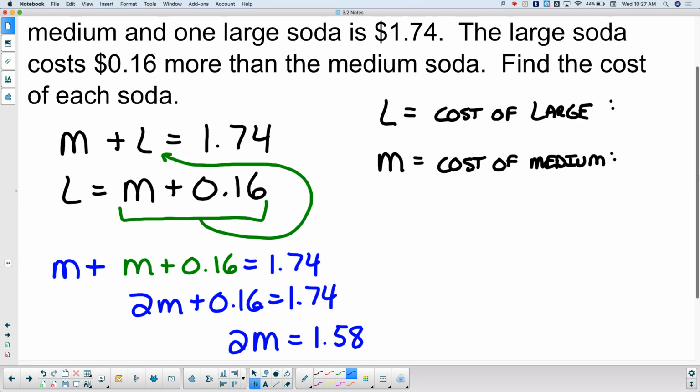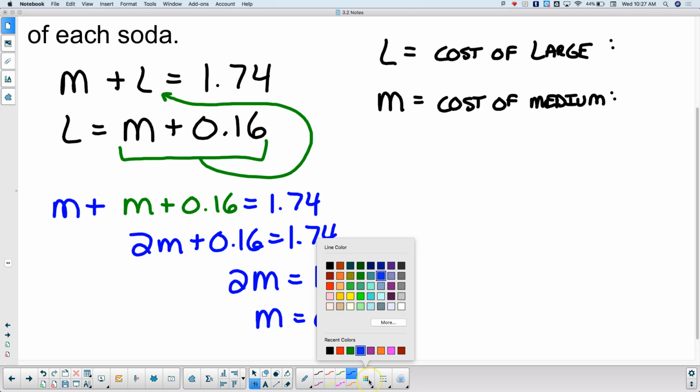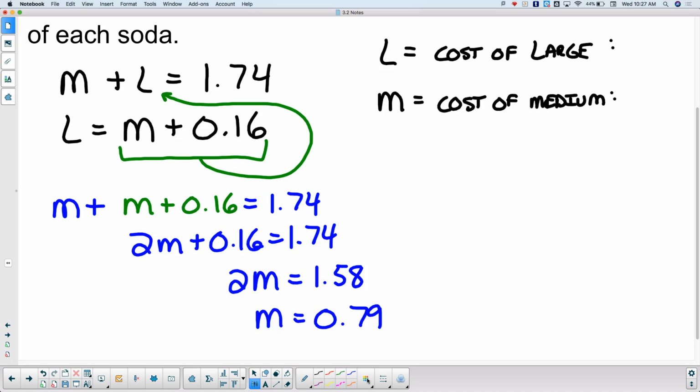So the cost of a medium soda at Phillips Convenience Store is 79 cents. What then is the cost of a large? 95 cents.